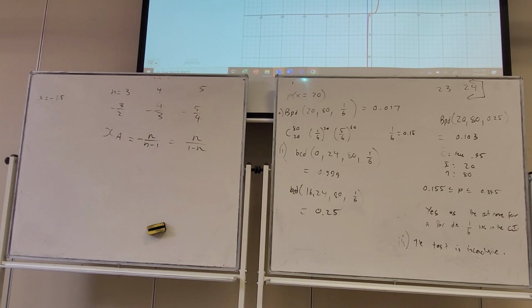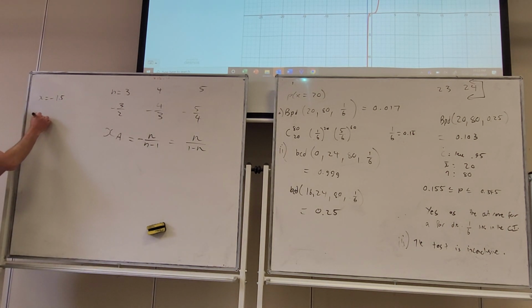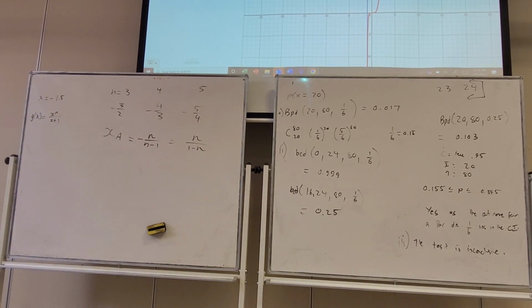Prove or disprove your conjecture. Okay, so we've got the function g of x, x to the n on top of x plus 1. And we're finding the x coordinate of the stationary point. Okay, stationary points occur when the first derivative is 0. So we need the first derivative. All right, for that we're going to have to use the quotient rule.